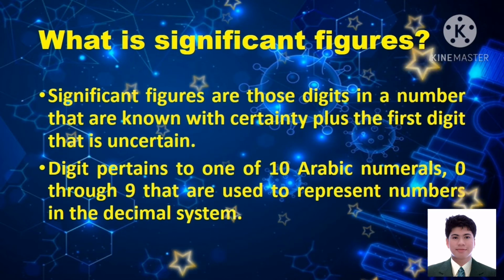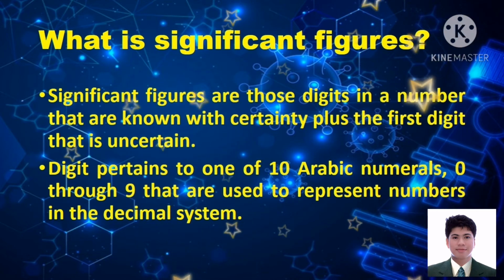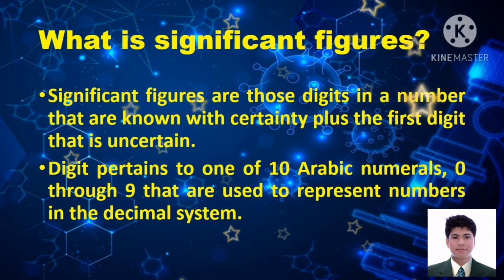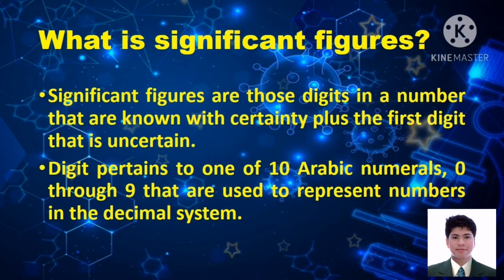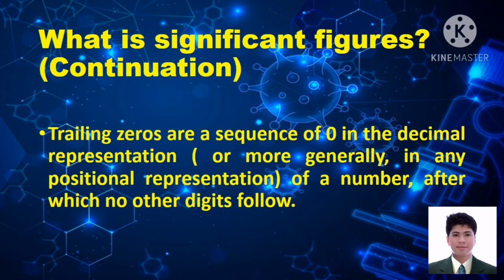Next, a digit pertains to one of the 10 Arabic numerals 0 through 9 that are used to represent numbers in the decimal system. Next, trailing zeros are a sequence of 0s in the decimal representation, or more generally in any positional representation of a number, after which no other digits follow.